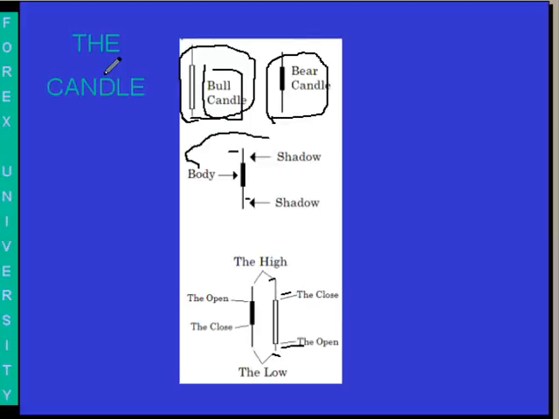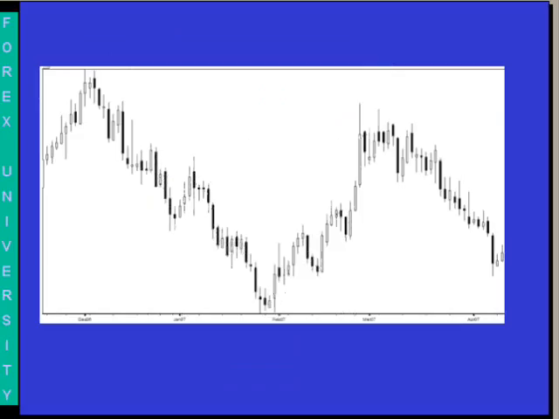Let me show you. Here we see the candle chart going across one after the other. Each candle represents a time period. We'll say a day. It could represent 5 minutes each candle, or it could represent a whole week of time.